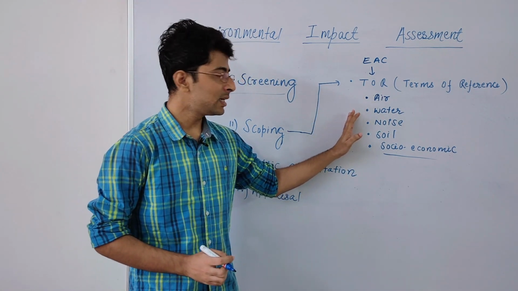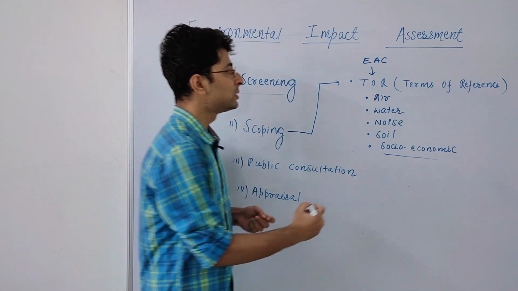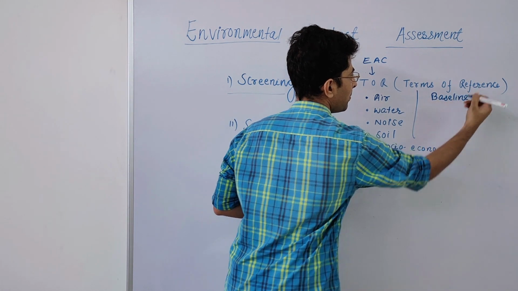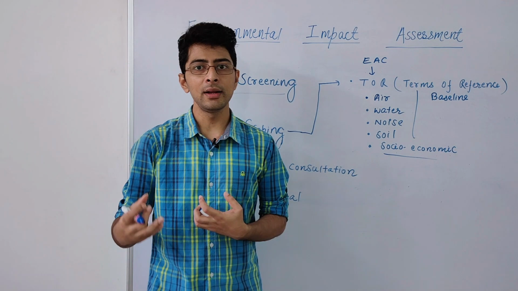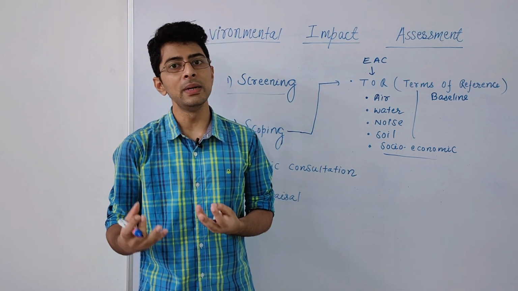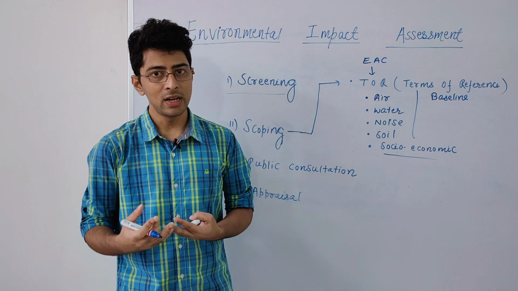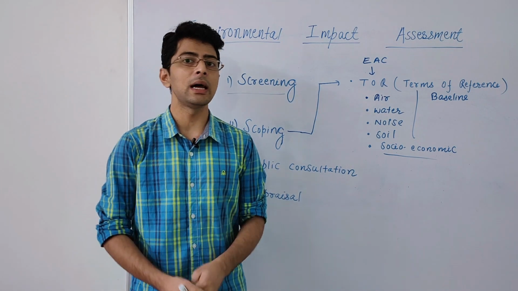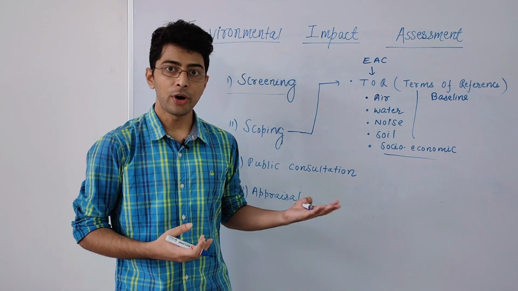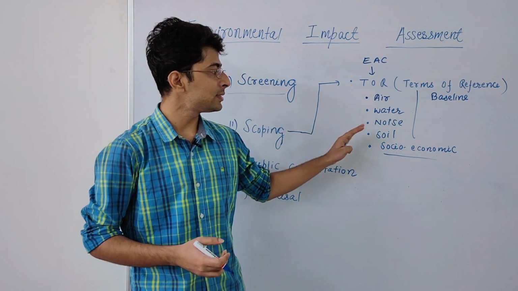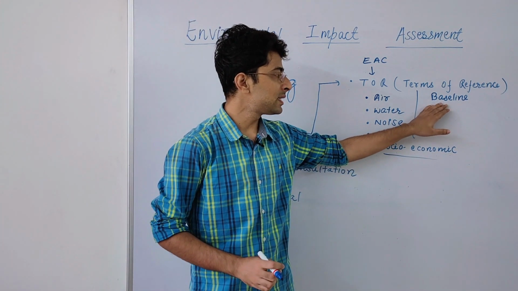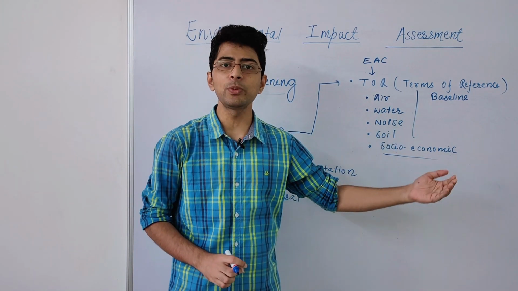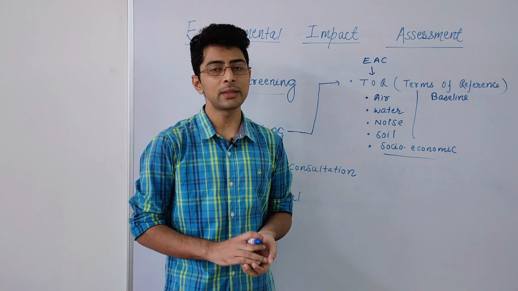And after all these studies, this study includes the baseline. Baseline is the present environmental parameters and their measurement and quantification, such as level of noise, level of air pollution, or condition of aquatic life, condition of forest, and all such variables that come under baseline, and a prediction on the basis of this TOR is done of how the given project will change all the parameters.